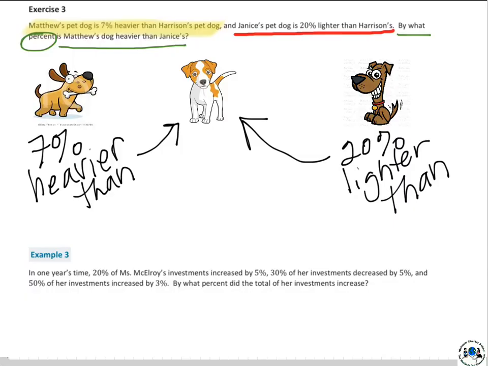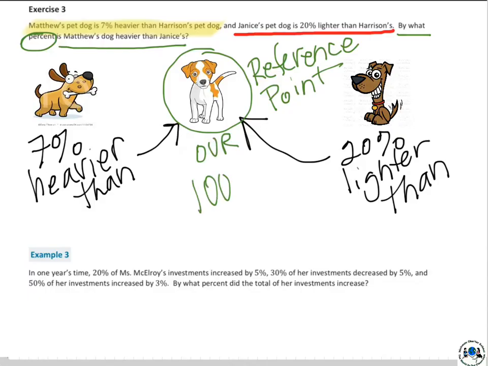So we can see our reference point is going to be Harrison's dog, and therefore our 100%. Harrison's dog is going to act as this kind of in between. Right there is our 100%.